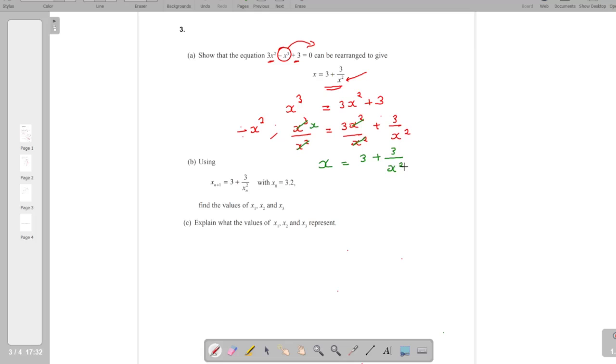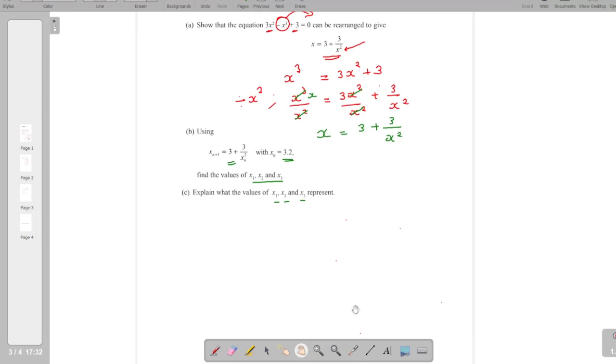Using this, with x0 equal to 3.2, find the value of x1, x2, x3 and explain what the values of x1, x2, x3 represent. Okay, so to do that, first thing we will do, x1 is equal to 3 plus 3 over x0 squared, which is going to be 3 plus 3 over 3.2 squared.